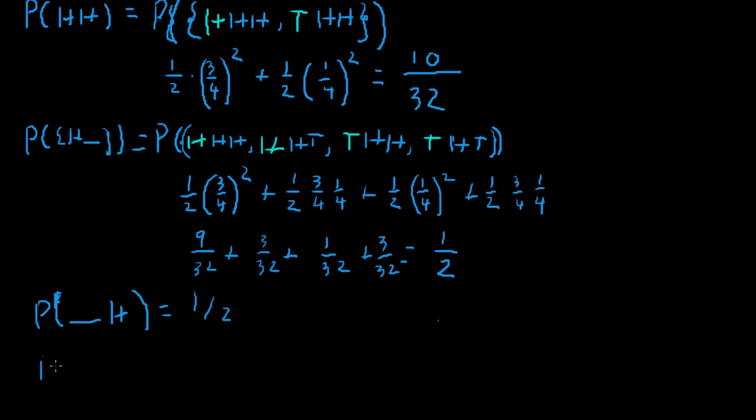But the probability of blank heads times the probability of heads blank, that's equal to a quarter. A quarter, not a half. And a quarter is less than 10 over 32. Why?